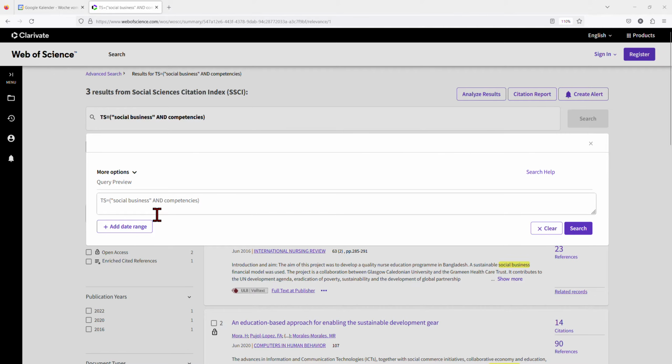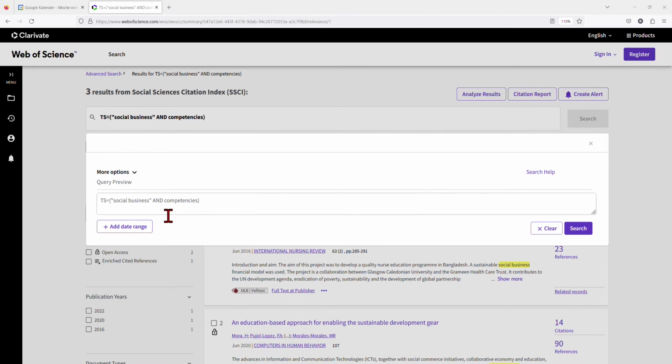Social businesses, for example, are very often also named sustainable businesses or social ventures or social startups, social enterprises, or we can also think about the term social entrepreneurship, which is very often used in the literature to describe the entrepreneurs, the founders behind these businesses.